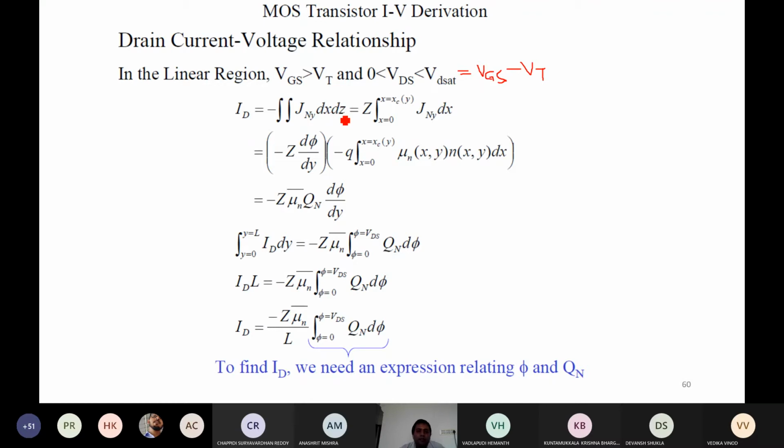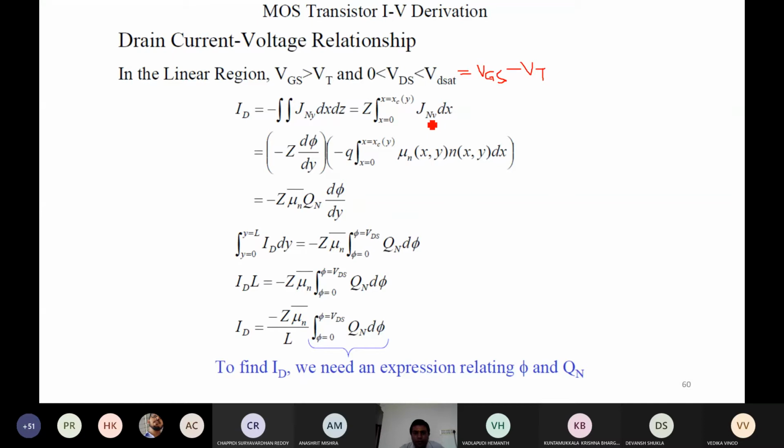By integrating with respect to this area element, z will be integrated from 0 to z. This integral with respect to z is easy, since z is constant and not varying. Z is a geometrical parameter, so integrating from 0 to z with respect to dz gives z. Now only x equal to 0 to xc remains, and we integrate Jn y with respect to dx.